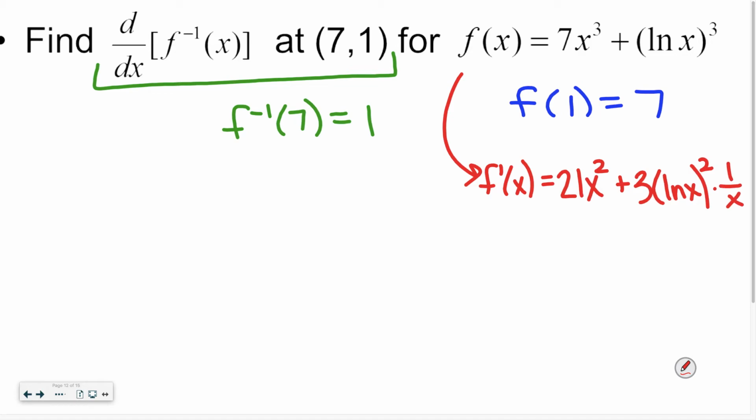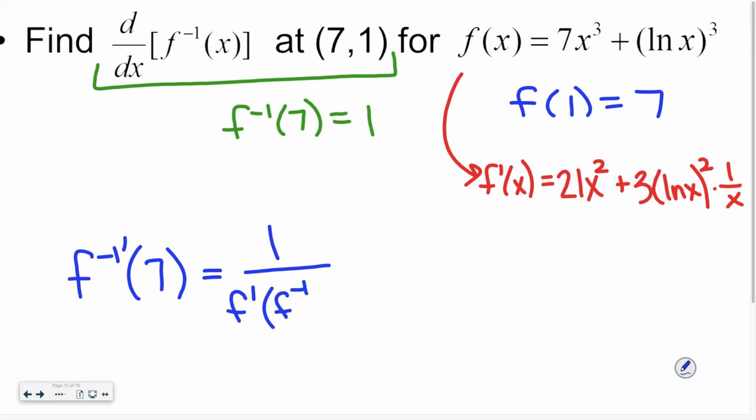Thank you. So we want f inverse prime of 7, which would be 1 over f prime of f inverse of 7.